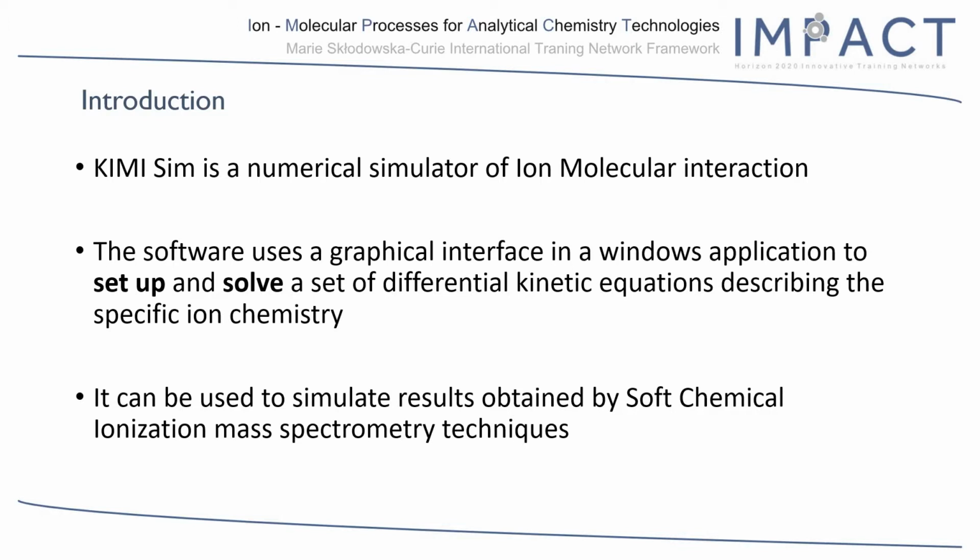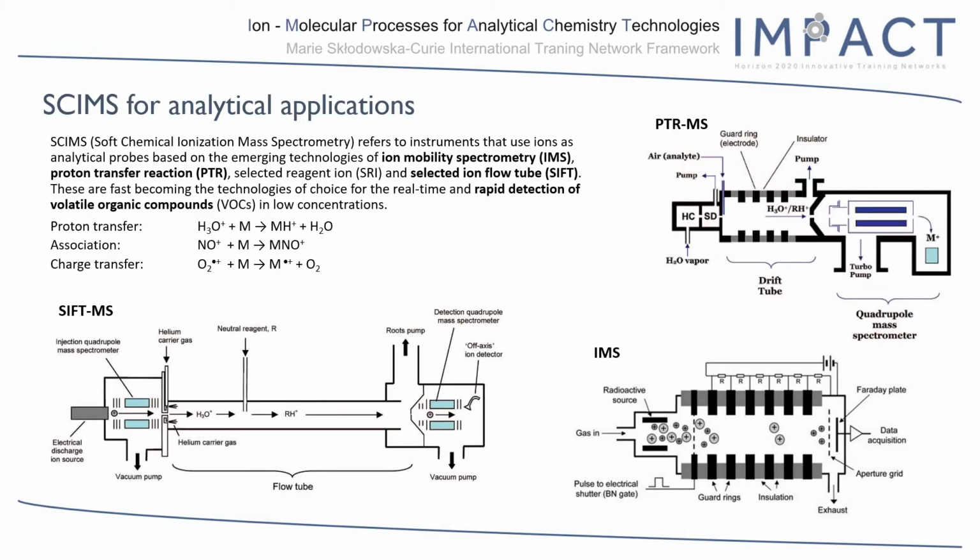First, let's quickly describe what is soft chemical ionization. The soft chemical ionization mass spectrometry, SCIMS, is a group of analytical techniques using chemical ionization for rapid detection of organic molecules in gases.